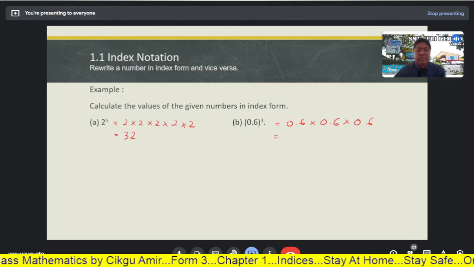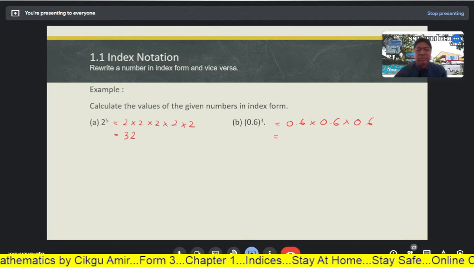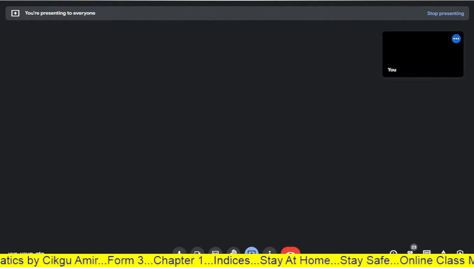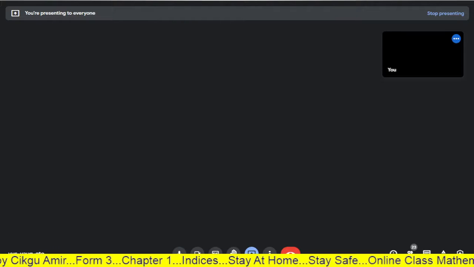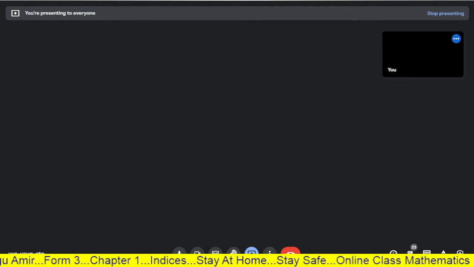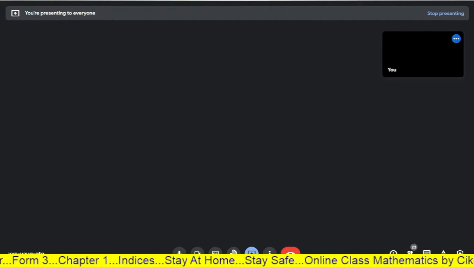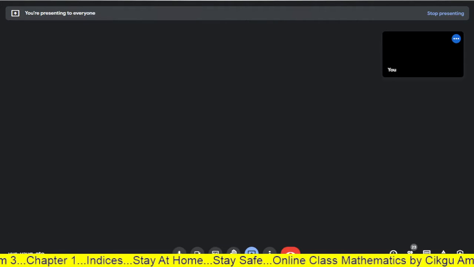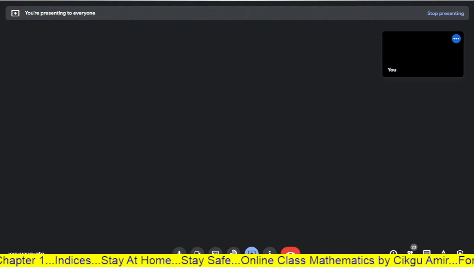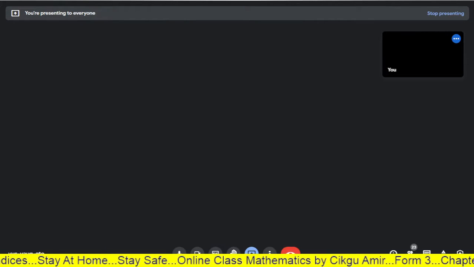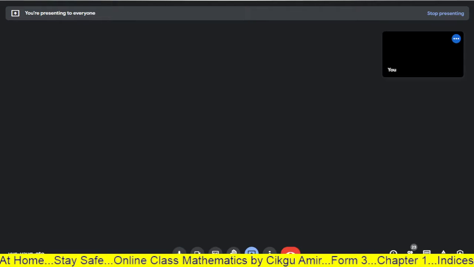Multiply with 0.6 and the answer is 0.216. This is an example. Direct question. Or you can use a calculator to calculate this.